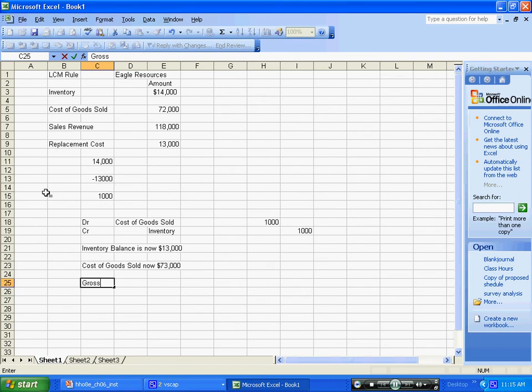Just looking at the requirements, the requirements said prepare Eagle Resources balance sheet as of 12/31. Okay, so on the balance sheet you would just have your inventory account with the statement that said lower of cost or market, showing a balance of $13,000.